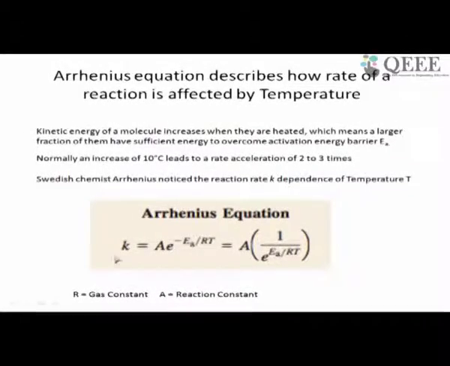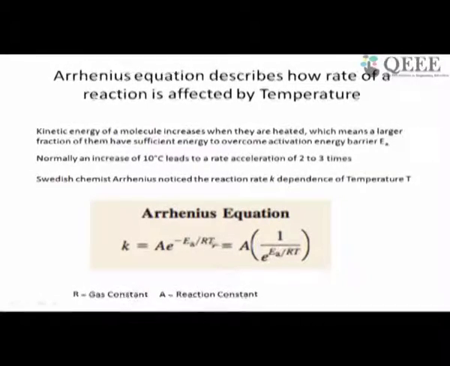So here, K, the rate constant, is related to A times e power minus EA by RT, where R is the gas constant and A is the reaction constant. The constant A can be considered as the highest rate constant that the reaction can have. This can be understood mathematically also.